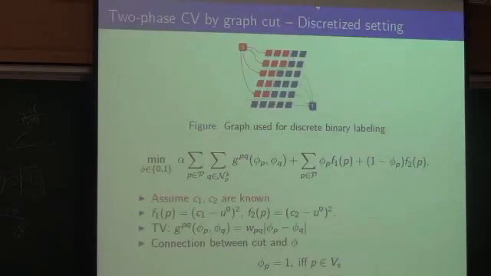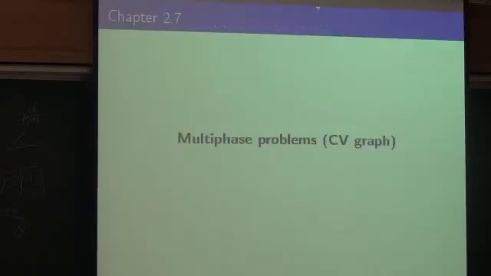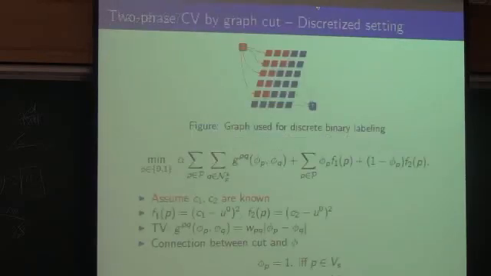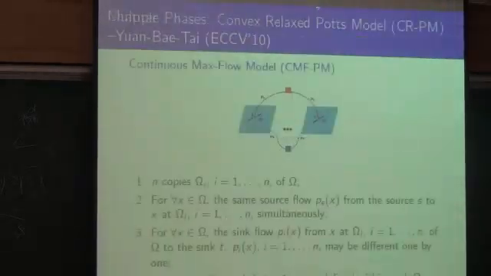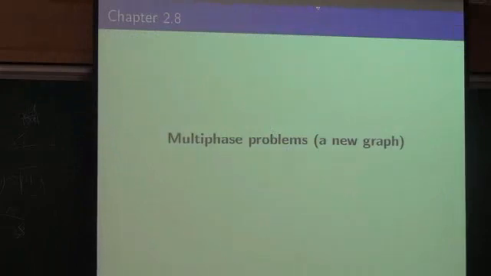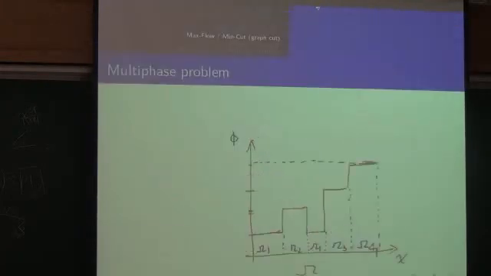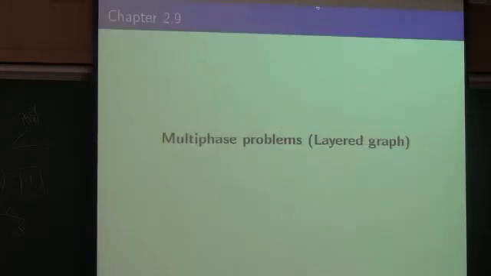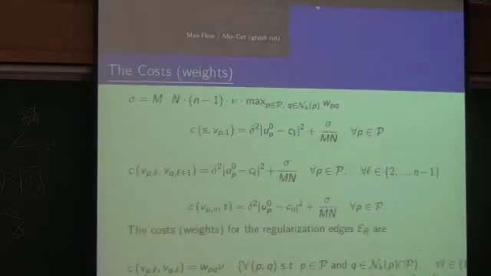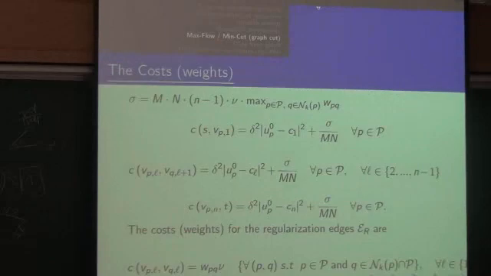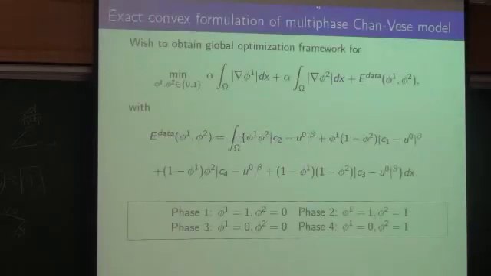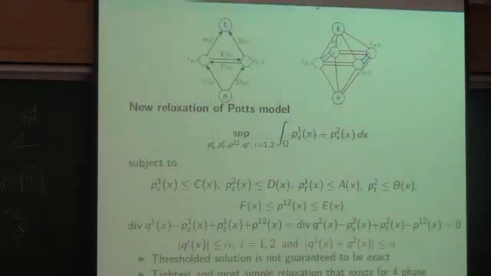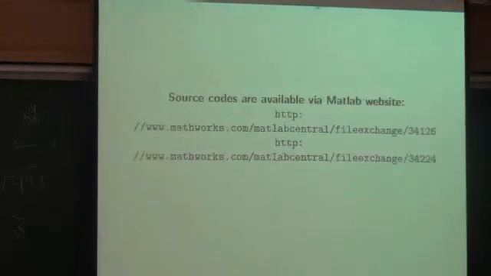I will point out a number of relationships, and then the multi-phase Chan-Vese, with even more phases, using continuous cuts or different approaches. I think this part is quite exciting. That is the next part of the lecture.